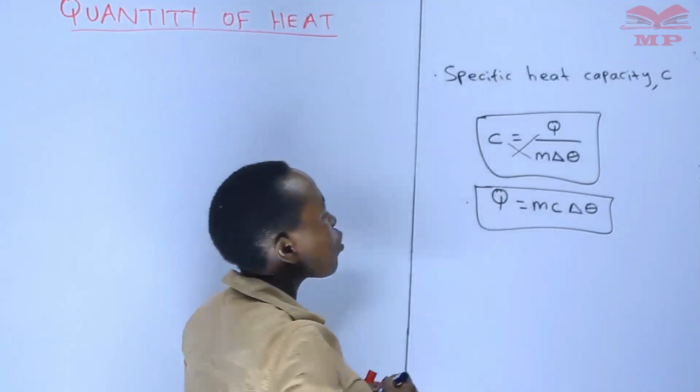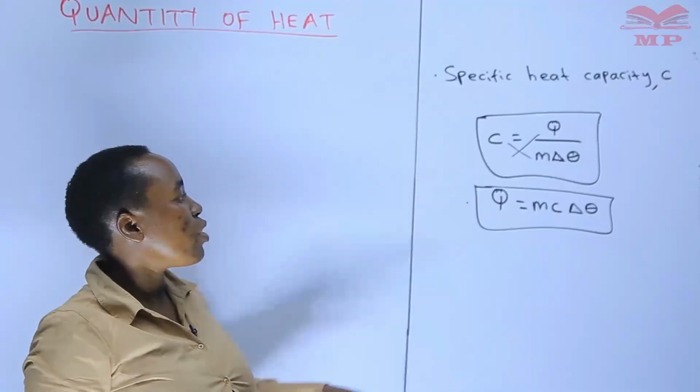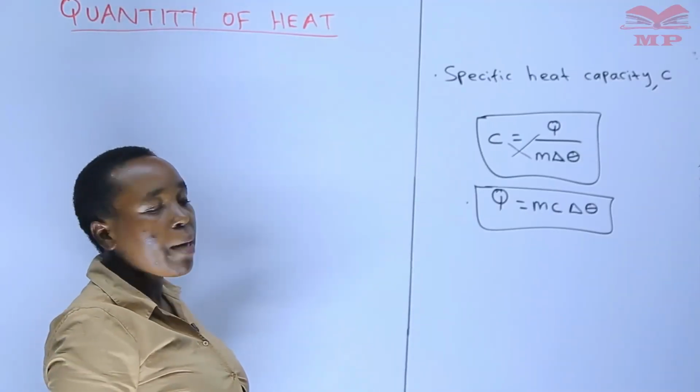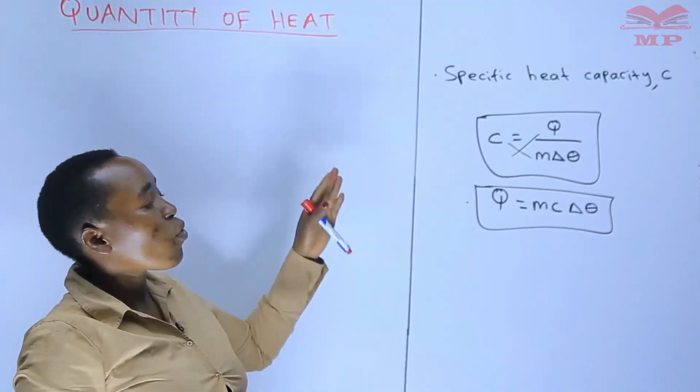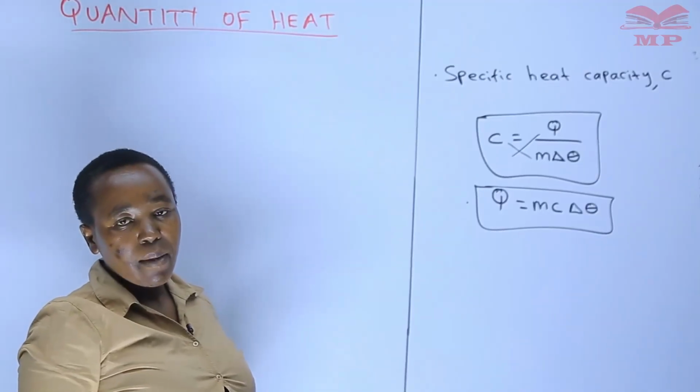So we are going to make use of that formula. Make note of it: quantity of heat is mass times specific heat capacity multiplied by the change in temperature, from the definition of specific heat capacity.